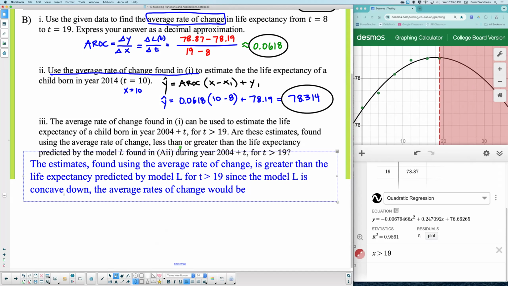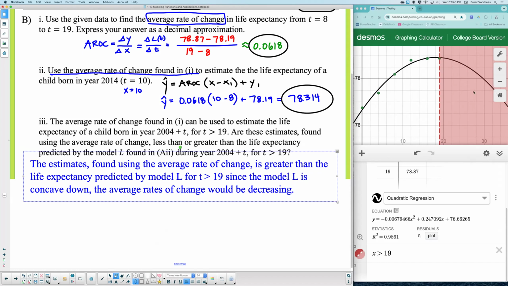If the graph is concave down, did the average rates of change increase or decrease? Decrease. So the reason this estimate right here, the one that's not changing, on the paper would be greater than the average rates of change after, because they would be decreasing on this interval. They keep decreasing because it's concave down.